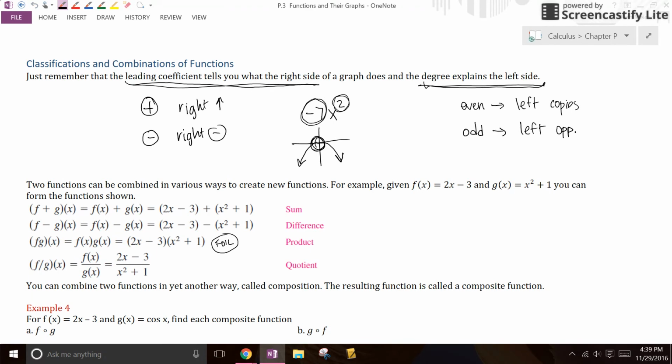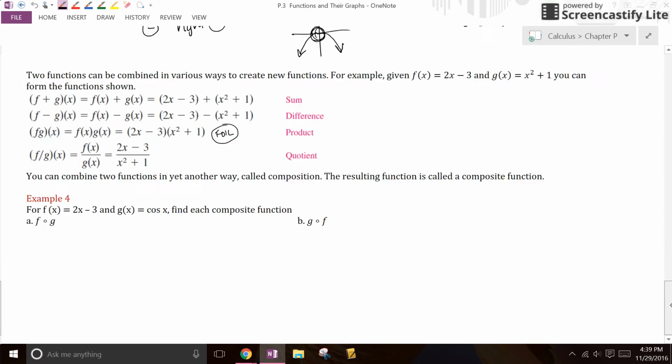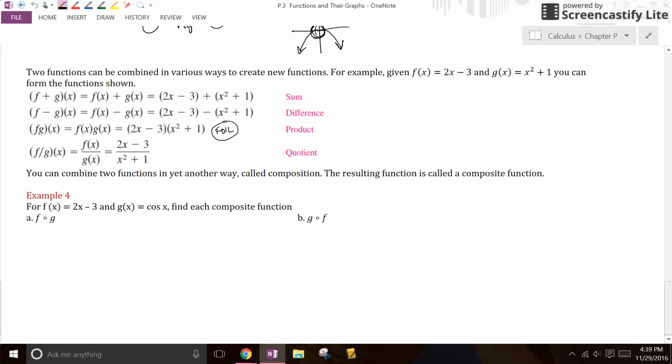And then last but not least, probably the hardest one I think in functions is what we call the composition of functions, where you plug one function into the other. And we already did that earlier, right? Like if you see a fog problem, then there's f and there's g. And what I do is I go, all right, that's just really f of g of x. It goes like this. And then I can take out g of x and put in what it is.